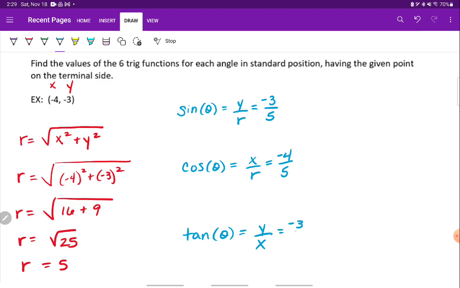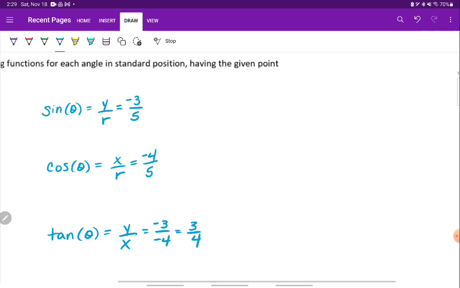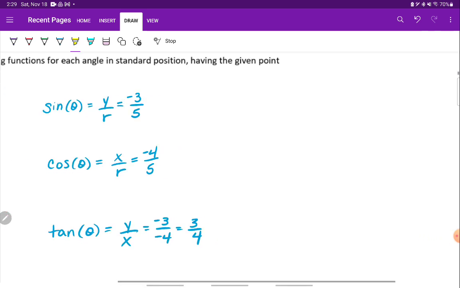That's -3 over -4, which we can simplify to be positive 3/4. So those are like our 3 mains. And now we need to get the other 3 trig functions.